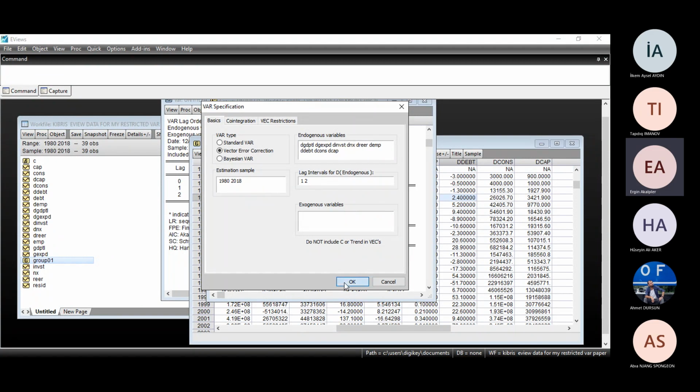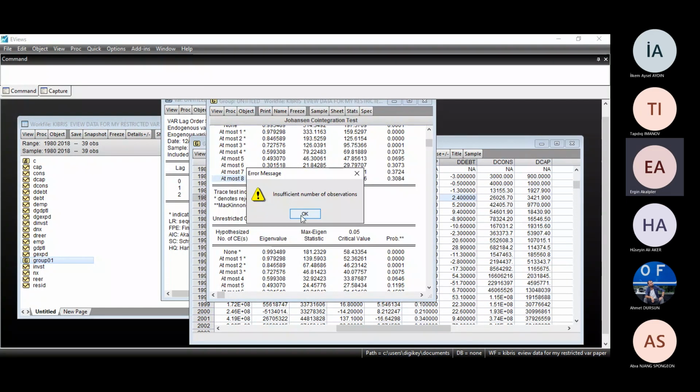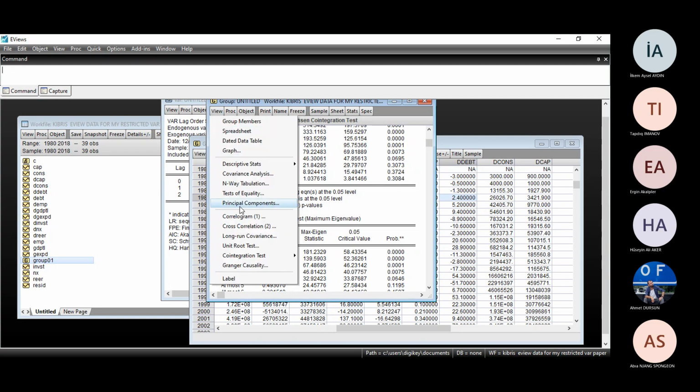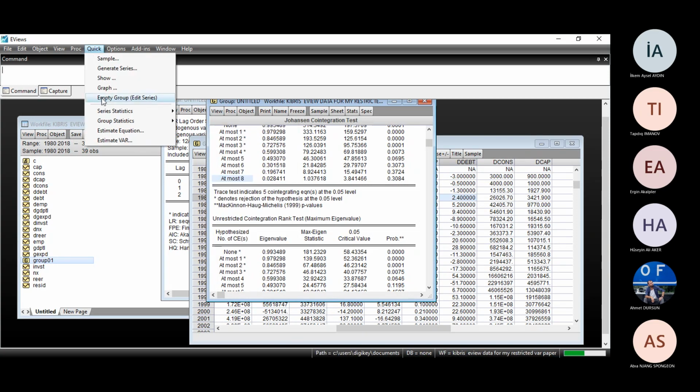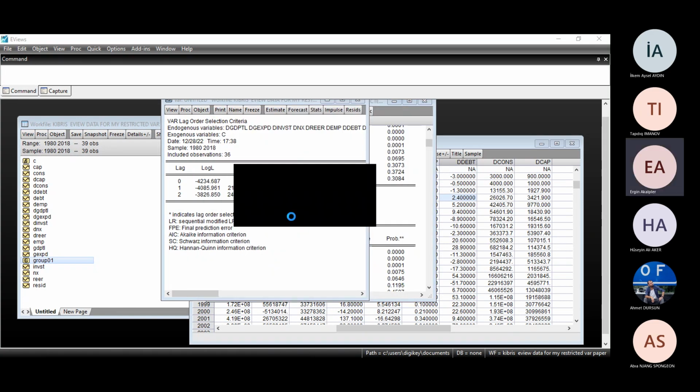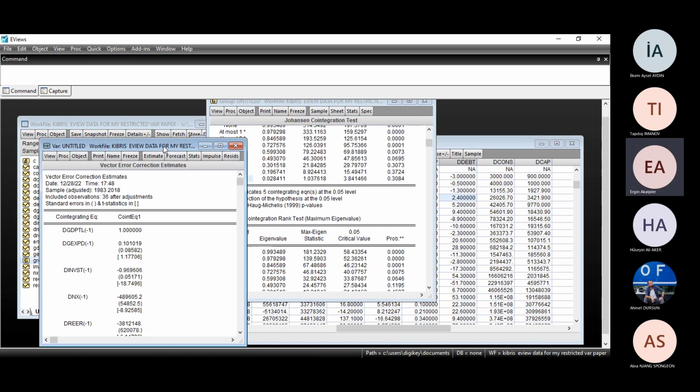Let me check if it is okay. It says insufficient number of observations. Let's choose the one. Okay. Then we have this.